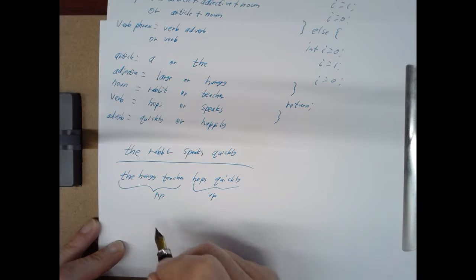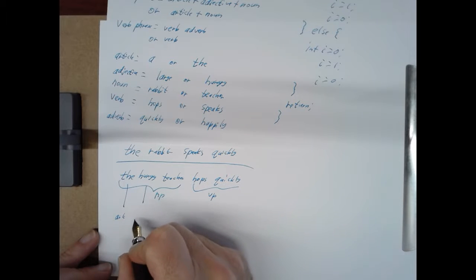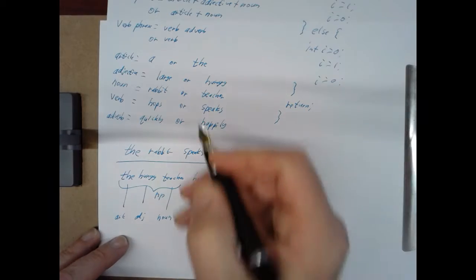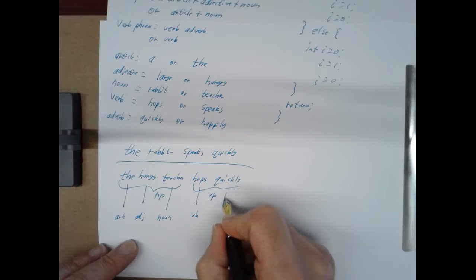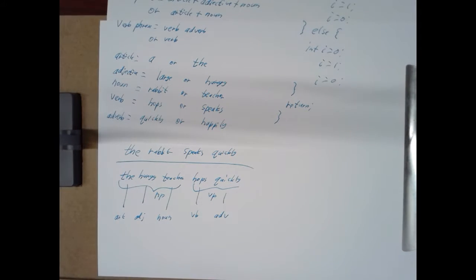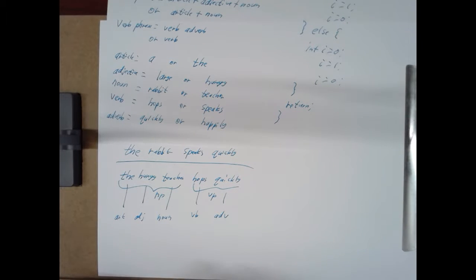How do we know that? Because this is an article, and this is an adjective, and this is a noun. And an article, adjective, noun gives us a noun phrase, and this is a verb, and this is an adverb. And a verb adverb gives us a verb phrase, and a noun phrase plus a verb phrase gives us a sentence. So we can work down to confirm that something's a sentence, or we can work from the bottom up and construct sentences. And that's pretty typical.